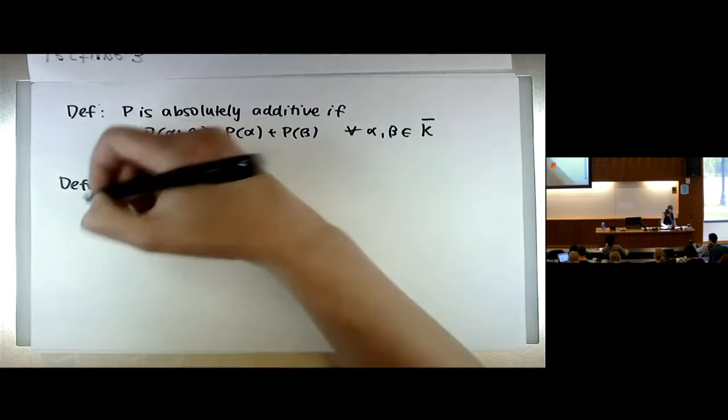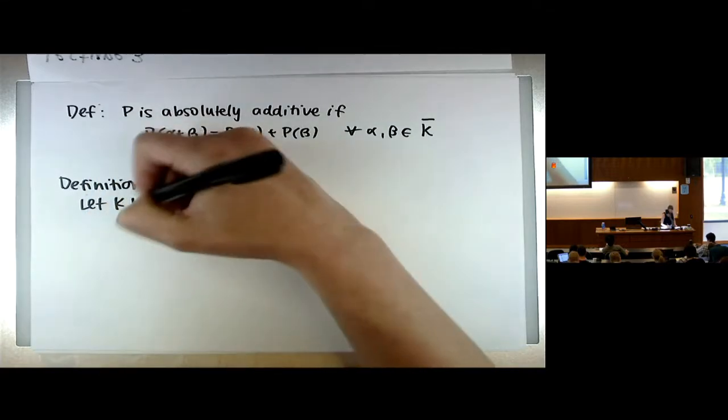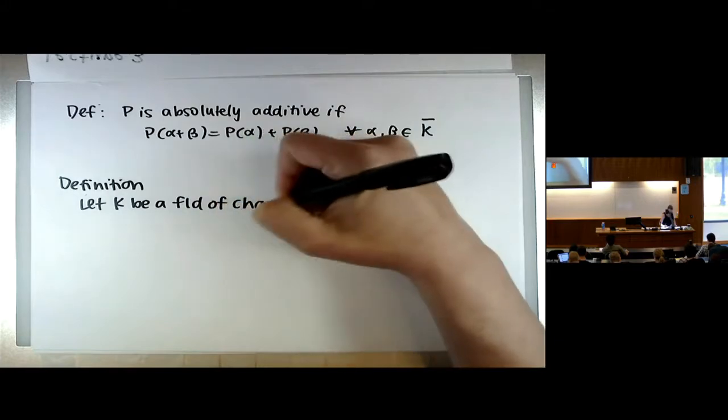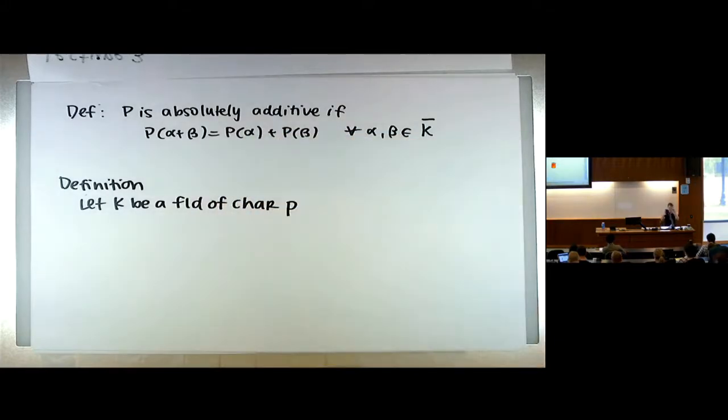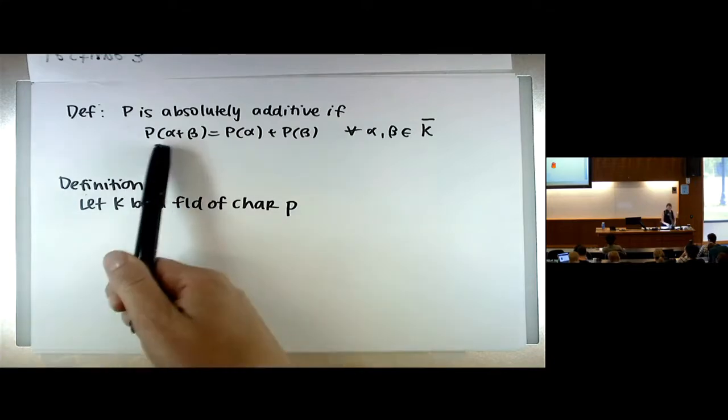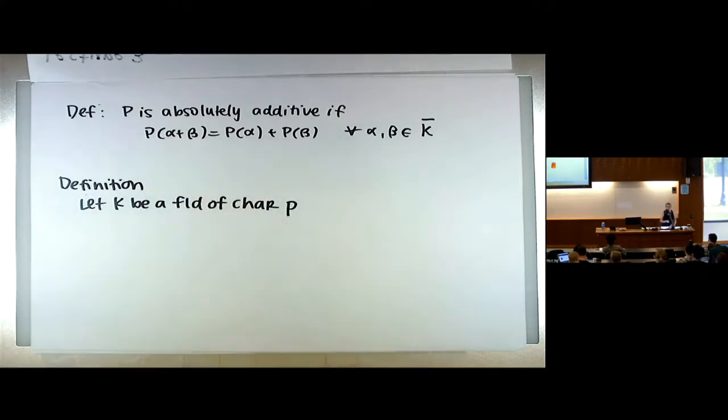Okay, so let K be a field of characteristic P. I said this last time. In characteristic 0, additivity is very boring because it's just being linear. And so you would be talking about even lines that go through 0, and the lecture would be over.